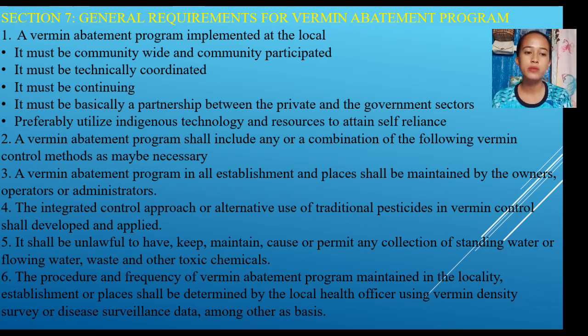Next, a vermin abatement program in all establishments and places shall be maintained by the owners, operators or administrators. Technically, the owners of every establishment have a responsibility. Then, the integrated control approach or alternative use of traditional pesticides and vermin control shall be developed and applied.